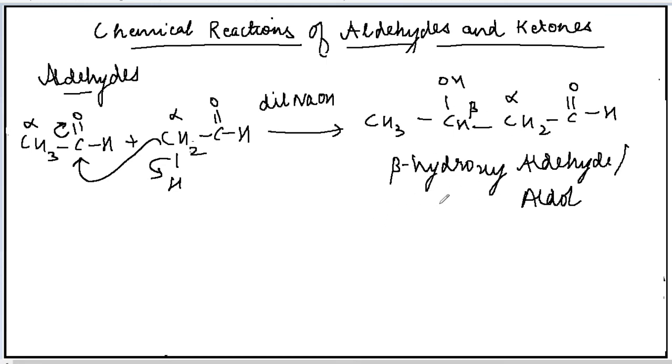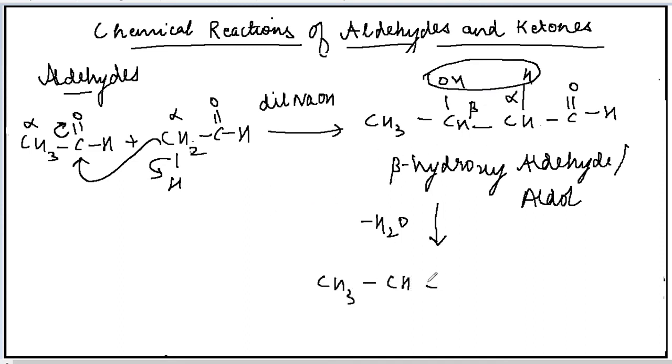Further, this aldol will lose a water molecule. How will the water molecule be lost? Just look here. Instead of writing this way, I can open the structure. Okay. So this water molecule will be eliminated, giving you an alpha beta unsaturated aldehyde.